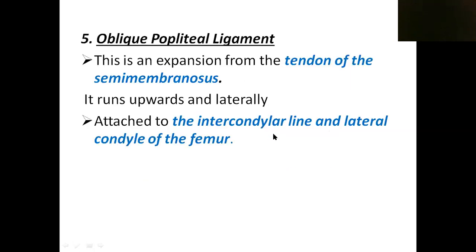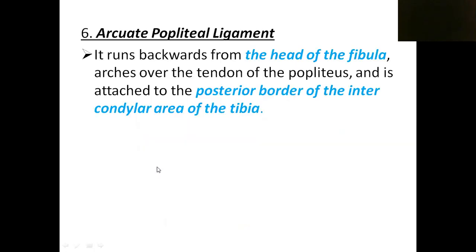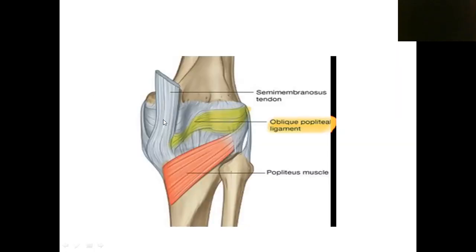See, it is the extension of the semimembranosus. That point is clear. This is the tendon of the semimembranosus. Some fibers of the semimembranosus, this yellow colored structure, are actually part of the semimembranosus.